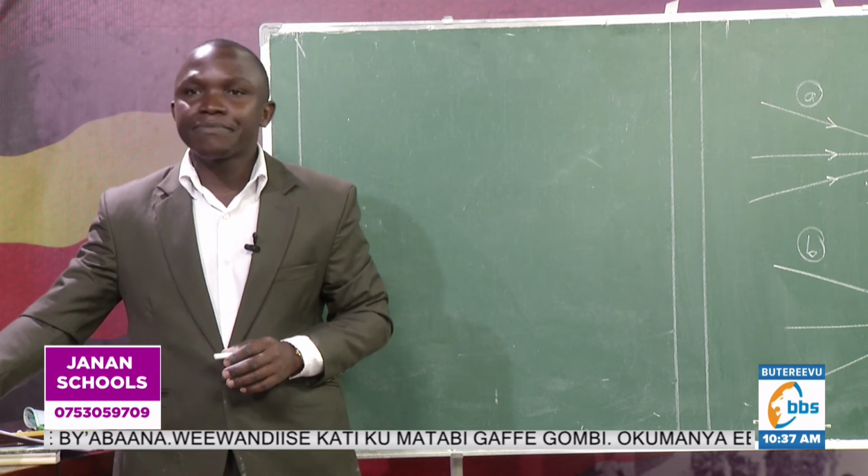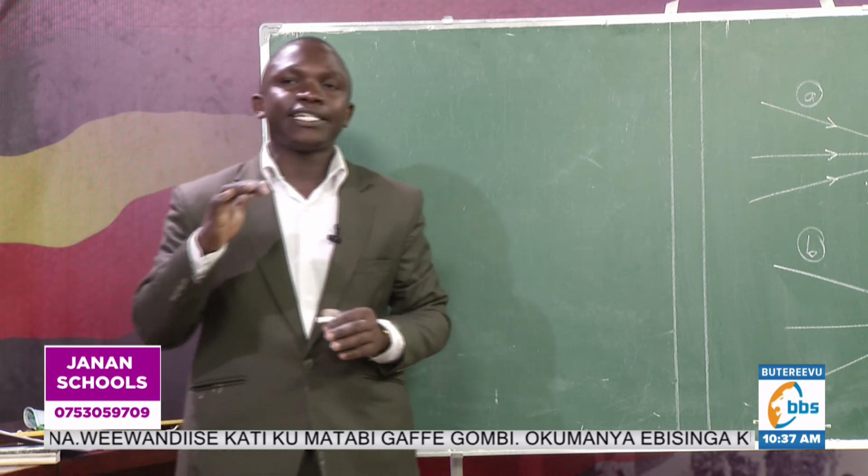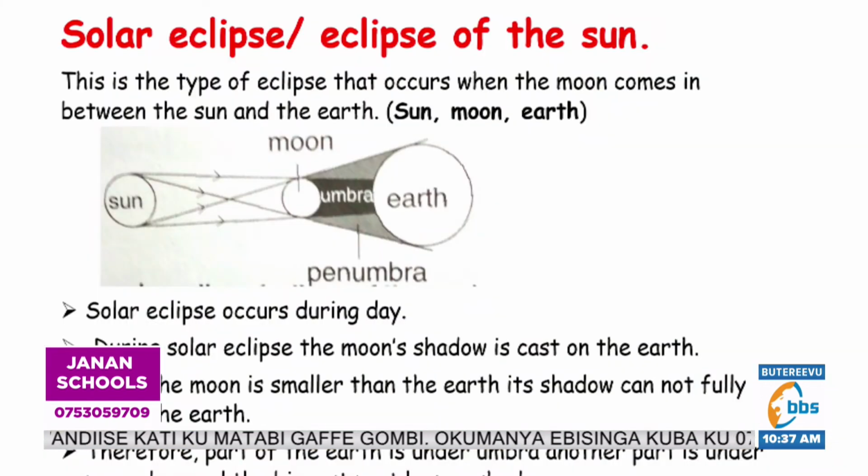Now, solar eclipse is the type of eclipse that occurs when the moon comes in between. I want you to desist from using the word middle. It's not actually in the middle, but this is the type of eclipse that occurs when the moon comes in between the sun and the earth.